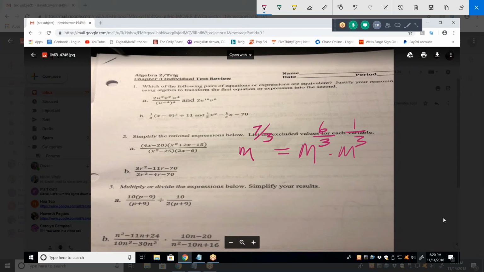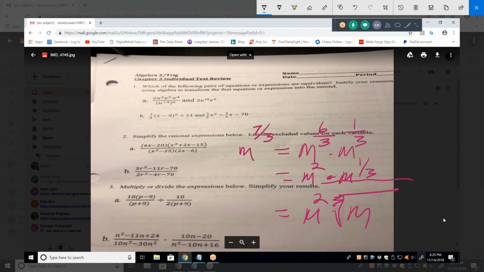Is it not? It is. In other words, if I add those two exponents together, I get 7/3. So I can separate it into this. Well, that is m squared times m to the 1/3, right? Yeah. And that is m squared times the cube root of m.